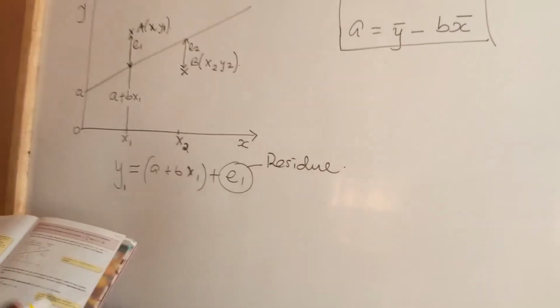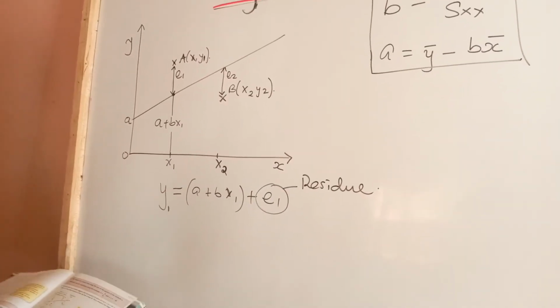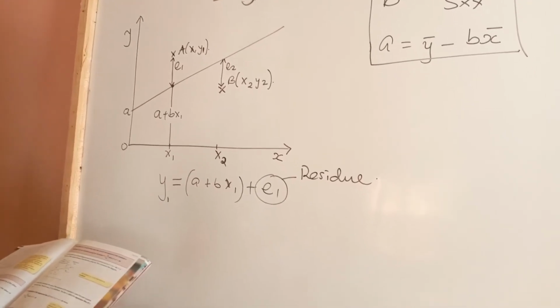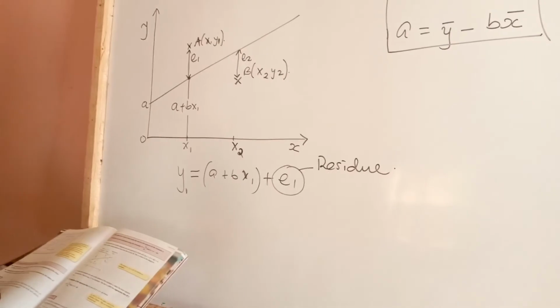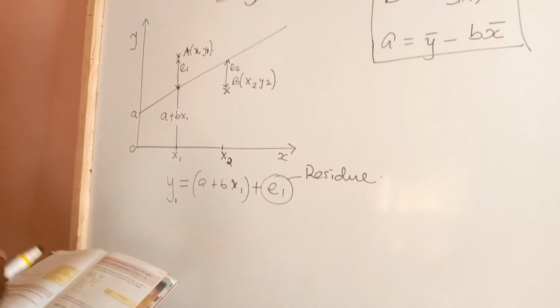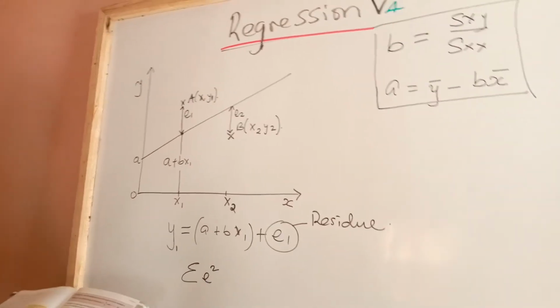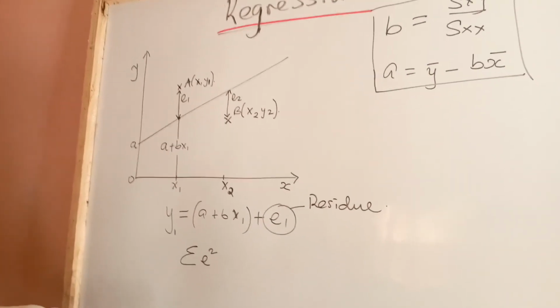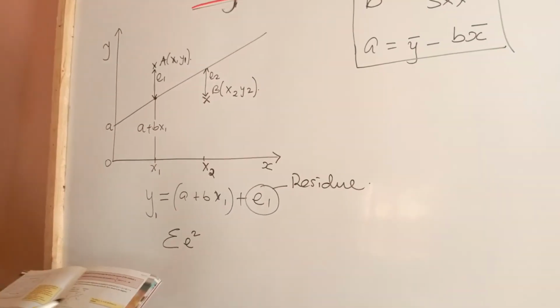The bold line down there on page 137, the line that minimizes the sum of the squares of the residues, is called the least squares regression line. That is to say, the sum of e squared is a minimum. The line is called the regression line of y on x.